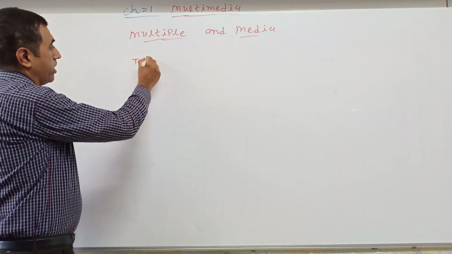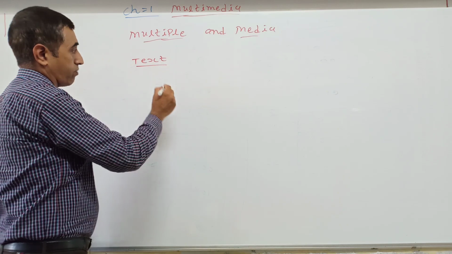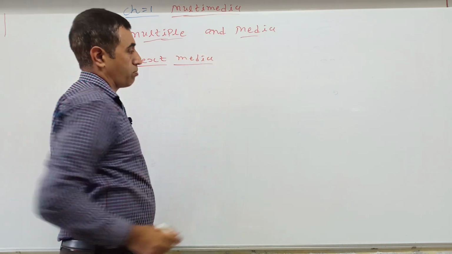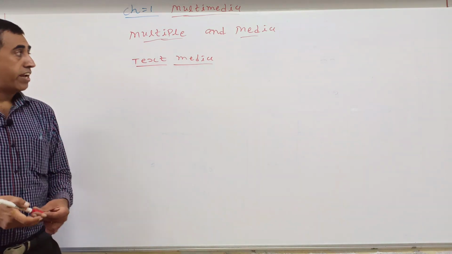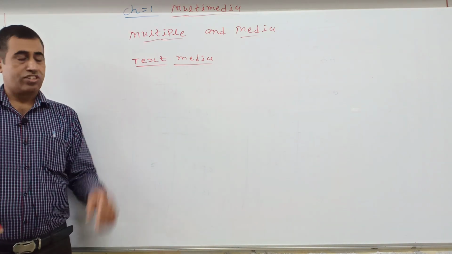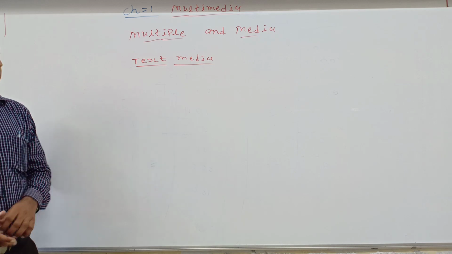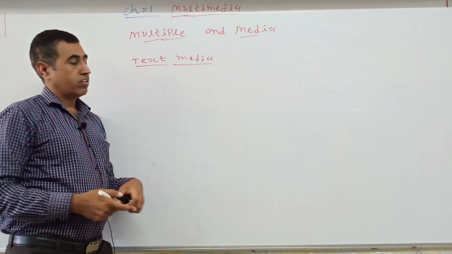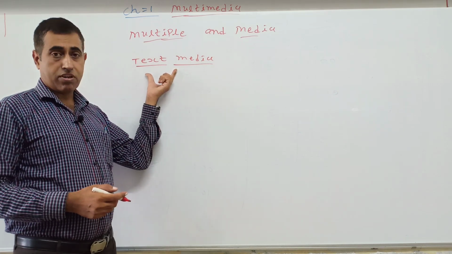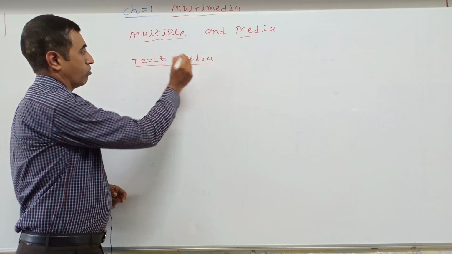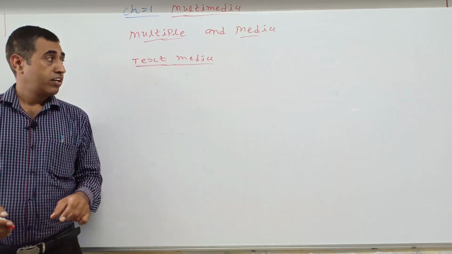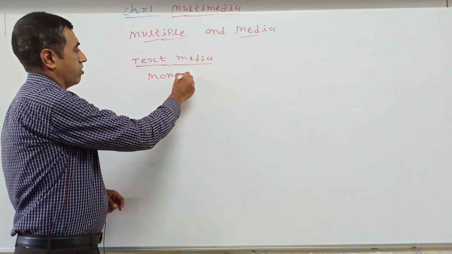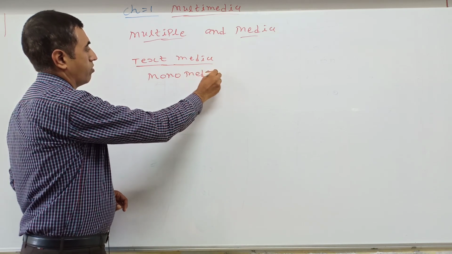Previously, there was only one media, and that was text media. Whatever information was there, we had to represent using text. So before 25 years, whatever computers were there, they were using only text media, and such computers were known as monomedia. Mono means one.